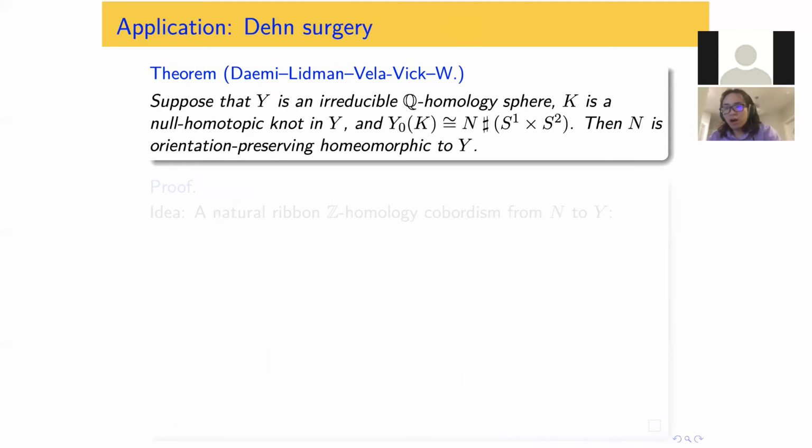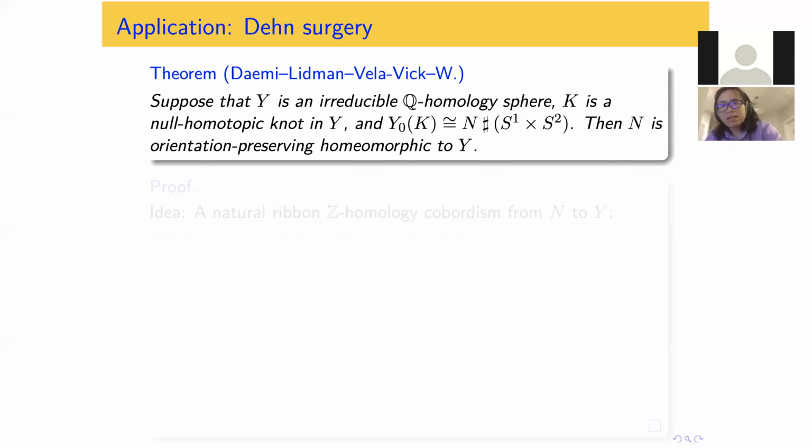Okay, so on to our last application in this talk, which I really like because on the surface it doesn't seem to relate to ribbon homology cobordisms at all. This is also the theorem that I mentioned in part 1 of this talk.